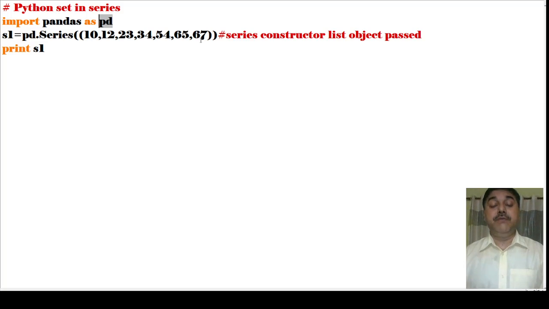We are making this sequence of numbers an object and sending it through pd, which means pandas. I am storing it in S1, in this variable. Now we have to see how the output comes.